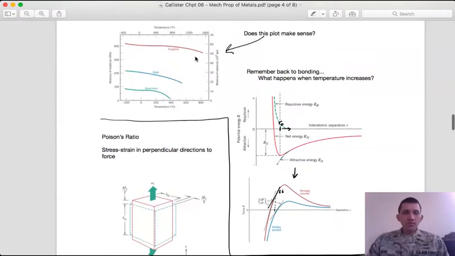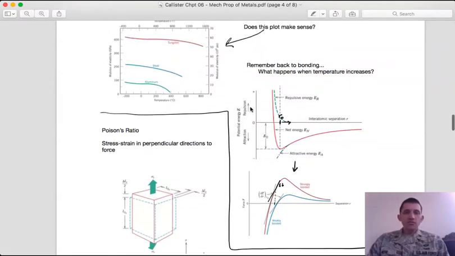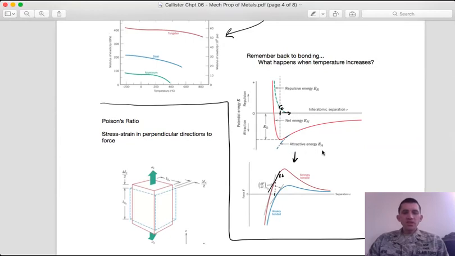But if I'm not going up that high in temperature, why would I see a change in the Young's modulus? Well, we think about this oscillation as being a simple harmonic oscillator, meaning that it's kind of a ball and spring model, but that's only really true right down here.